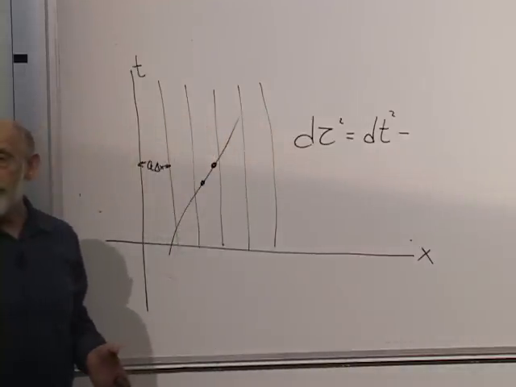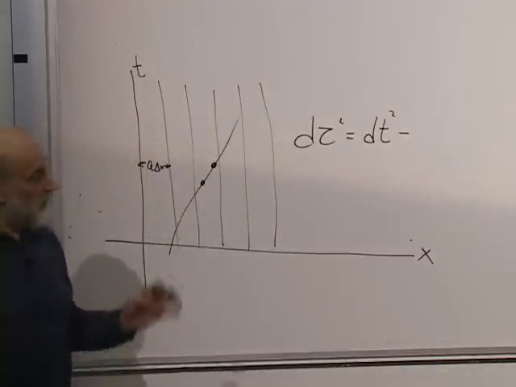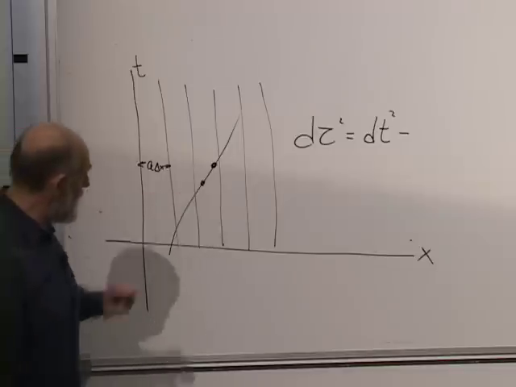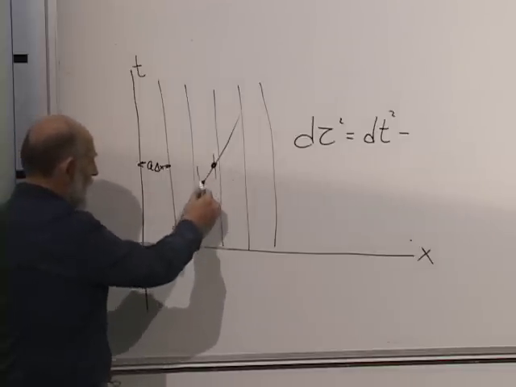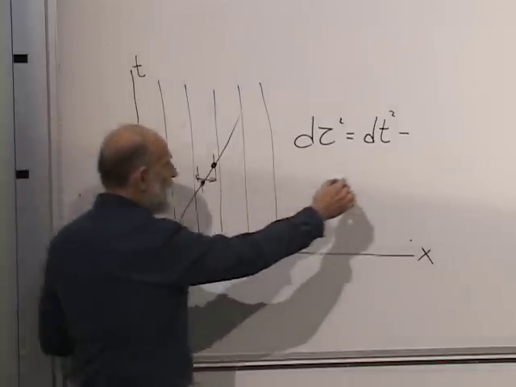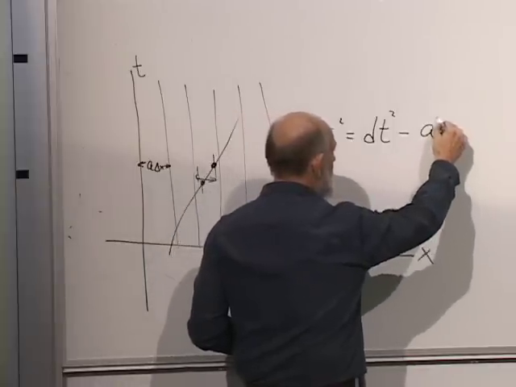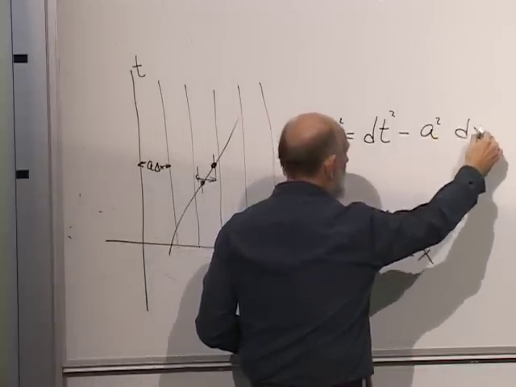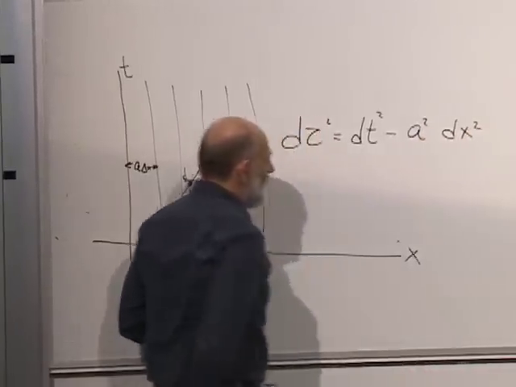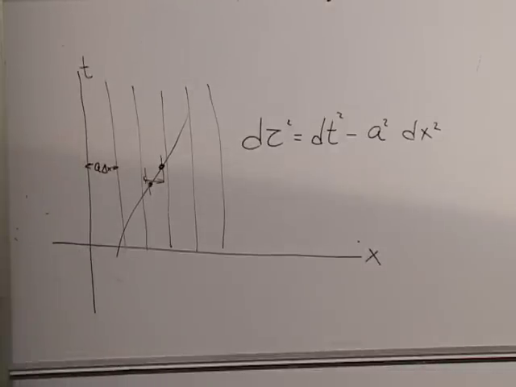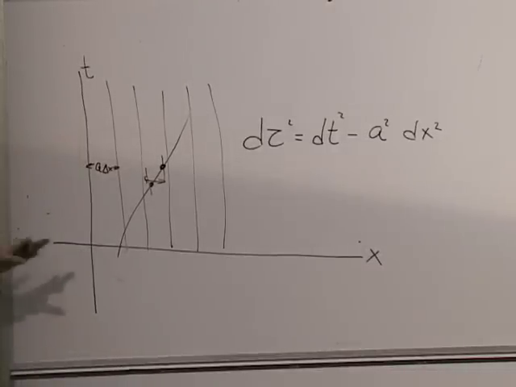A squared dx squared. The square of the spatial distance between these two points is a squared dx squared.